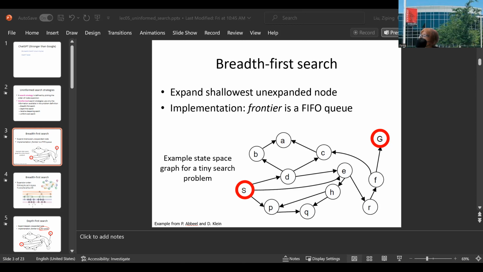Time complexity. This B is the branching factor and this D is the depth. The first time, the depth is 1, so that's B to the 1.